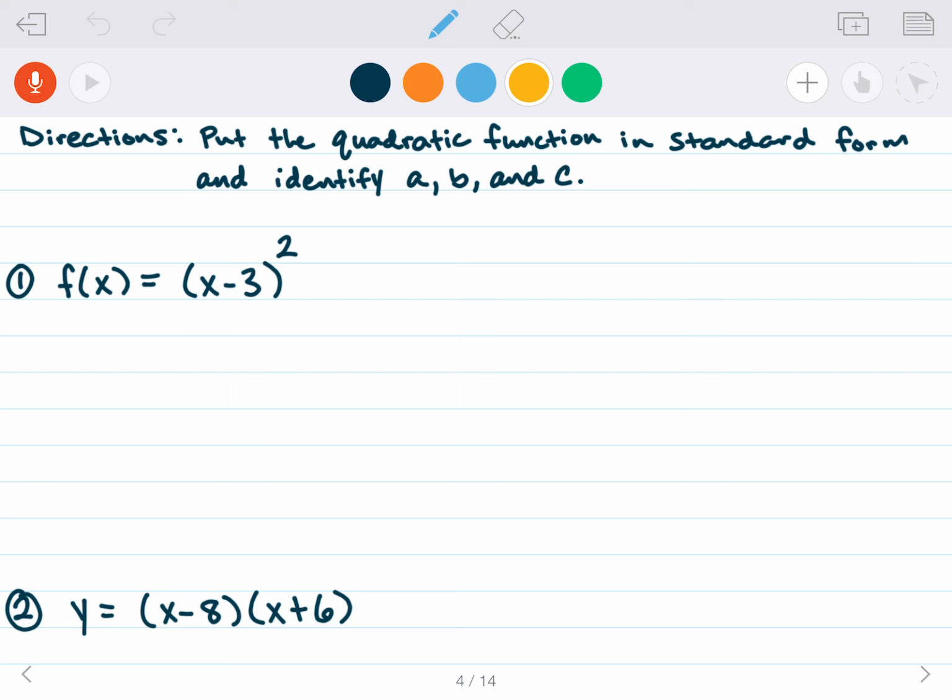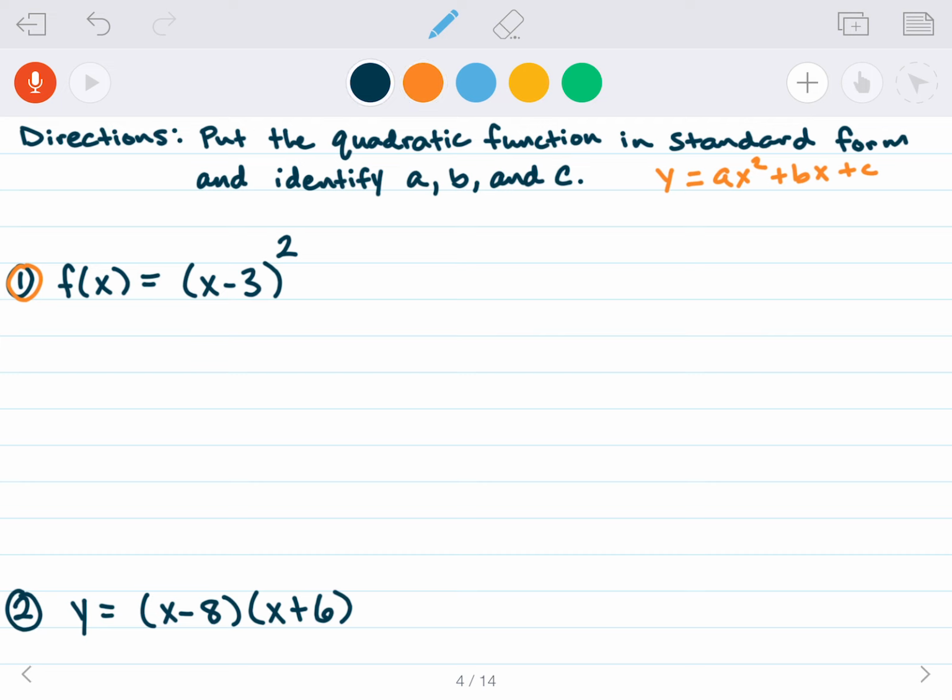So let's do some practice putting quadratic functions in standard form, and we want to identify a, b, and c. Let's remind ourselves that standard form is y equals ax squared plus bx plus c. Okay, so our goal is to make all of these functions look like that. So let's look at number 1. We have f of x equals x minus 3 squared.